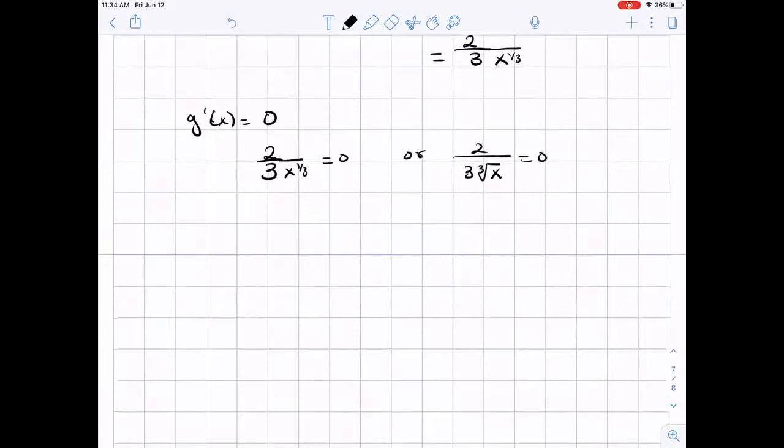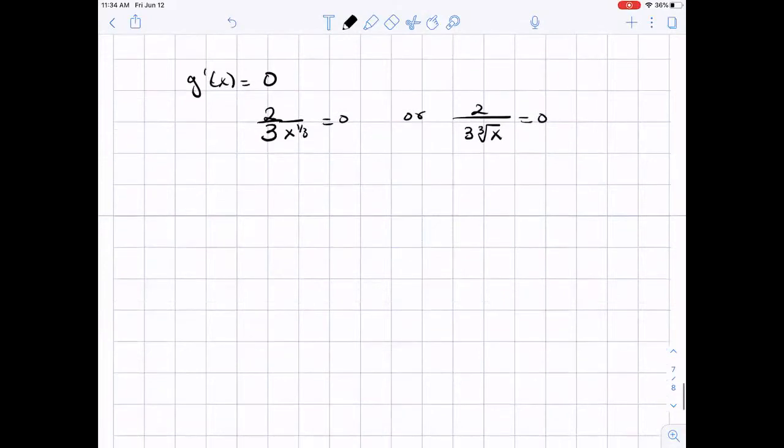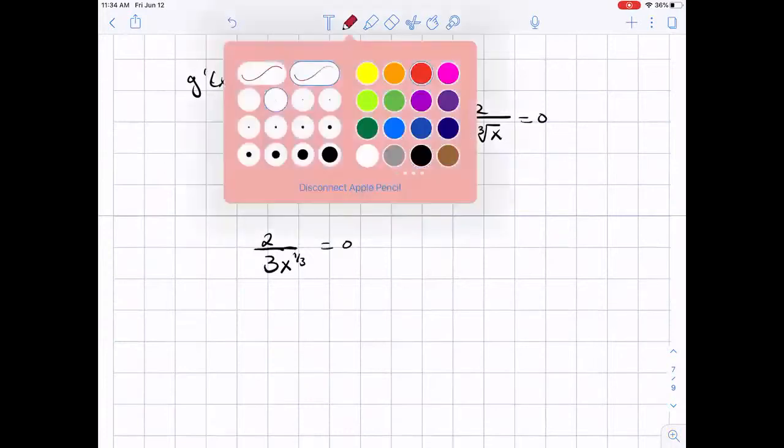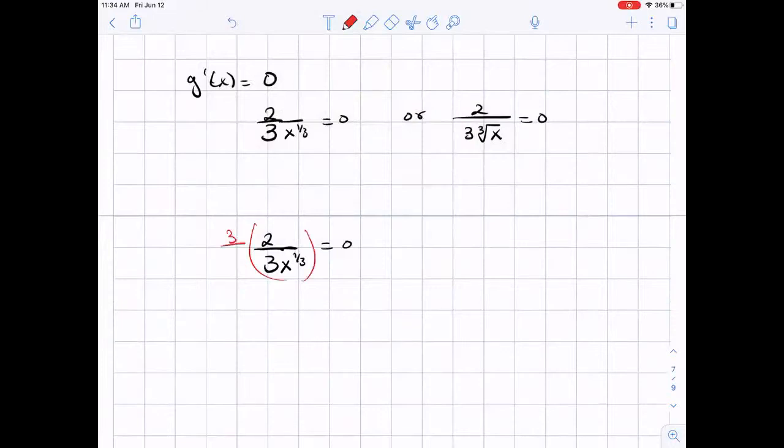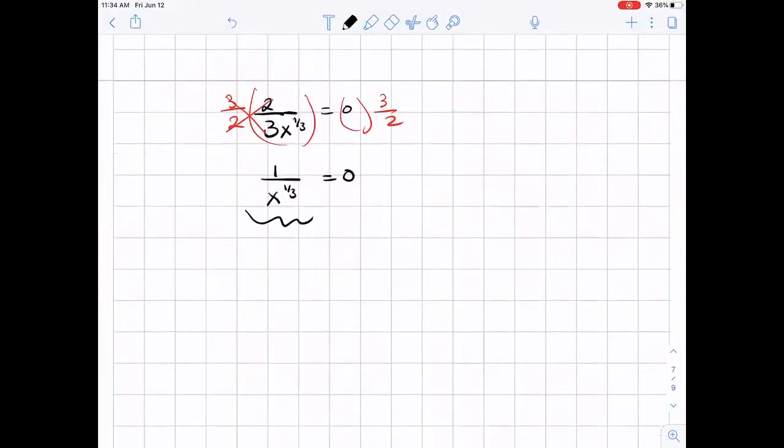First thing I could do is get rid of the fraction, okay? So if we have 2/3 x to the 1/3 equal to 0, I can multiply both sides by 3/2 if I want. 3/2, I said. So this will cancel out. So we have 1 over x to the 1/3 power is still equal to 0. And then another way of writing this is the same as x to the minus 1/3 power equals 0.